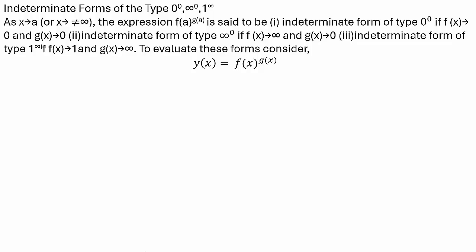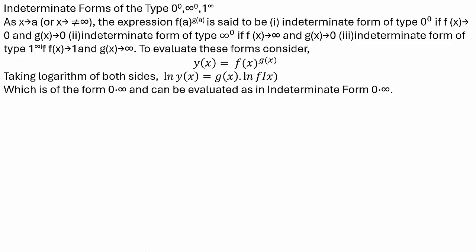It is called as indeterminate form of the type infinity raised to 0 if f(x) tends to infinity and g(x) tends to 0. It is also called as indeterminate form of type 1 raised to infinity if f(x) tends to 1 and g(x) tends to infinity. While evaluating such types of forms, we shall assume that y(x) equal to f(x) raised to g(x).